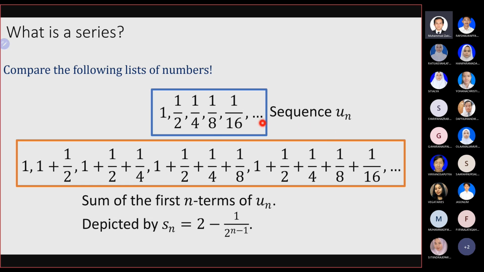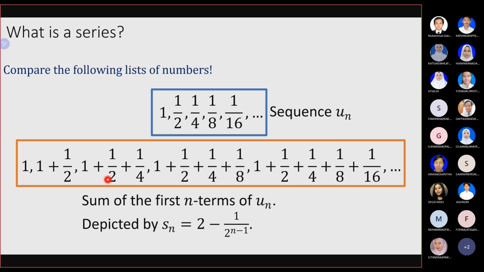So in this case, we know that the second list is basically sum of the first n terms of UN. And we say that the second list is a sequence that is given by this formula, that is 2 minus 1/2 power n minus 1. The second list is what we call series.